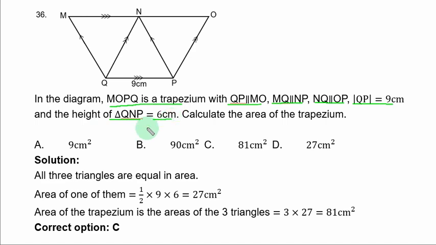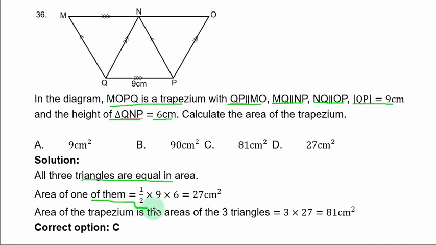From the markings, it is clear that all 3 triangles are equal in area. So since the triangles are 3 and they are equal in area, once you get the area of one of them, multiply it by 3, it gives the area of the trapezium. So area of one of them is half times base times height.